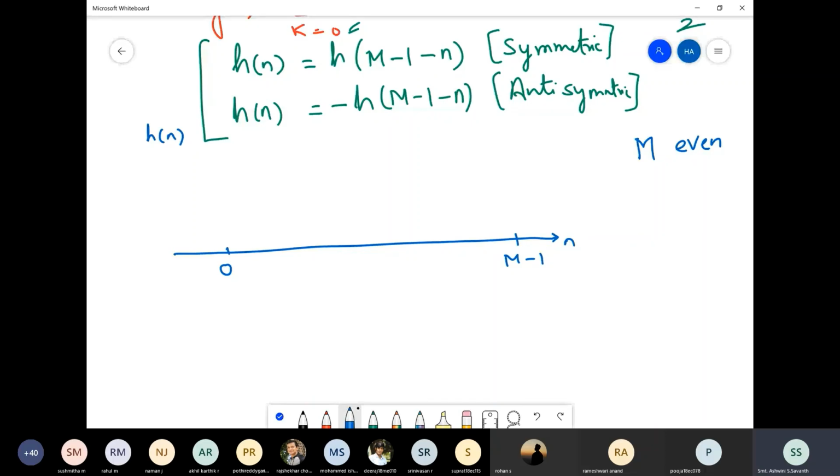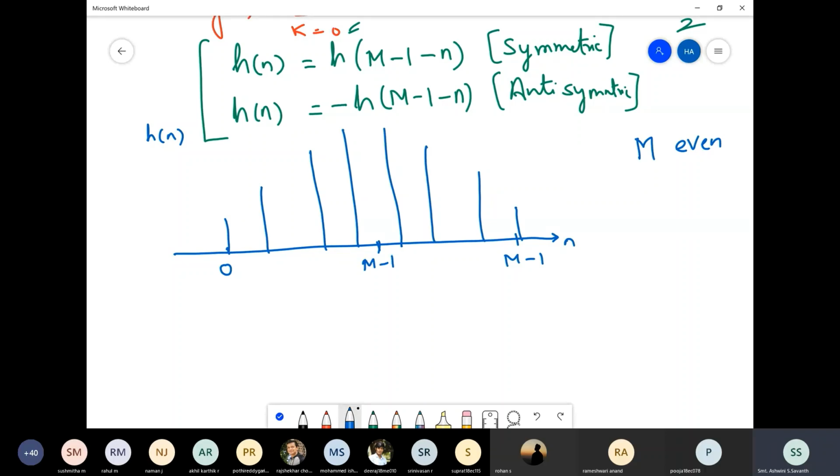Let's say the first sample is like this, and we are going to have many such samples. I will not draw all of them, just for convenience. Just one example I've taken. Isn't this symmetric? The signal is symmetric about the midpoint. What is this point?